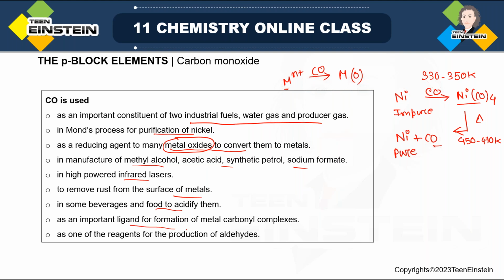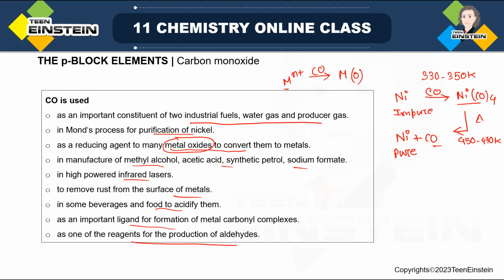Important ligand for formation of metal carbonyl complexes, because in the properties part of CO we have seen how versatile it is when it reacts with metals in 0 oxidation state. There are a variety of metal carbonyl complexes. These compounds are so versatile and have such important characteristics that there is separate chemistry for metal carbonyl complexes.